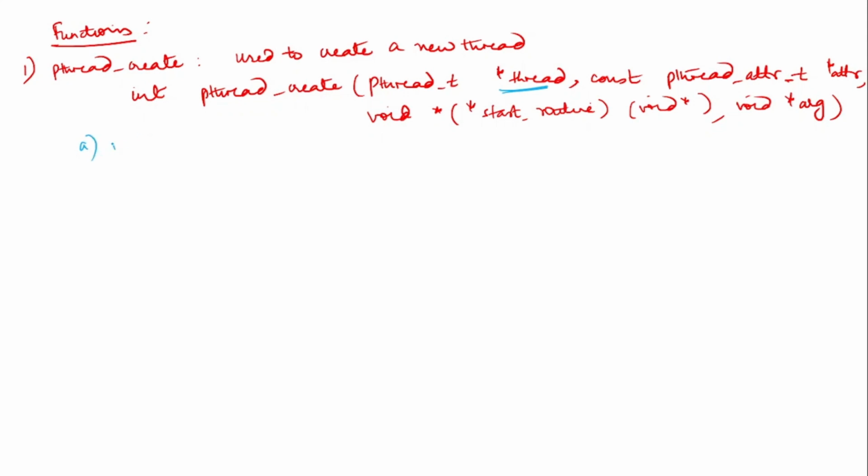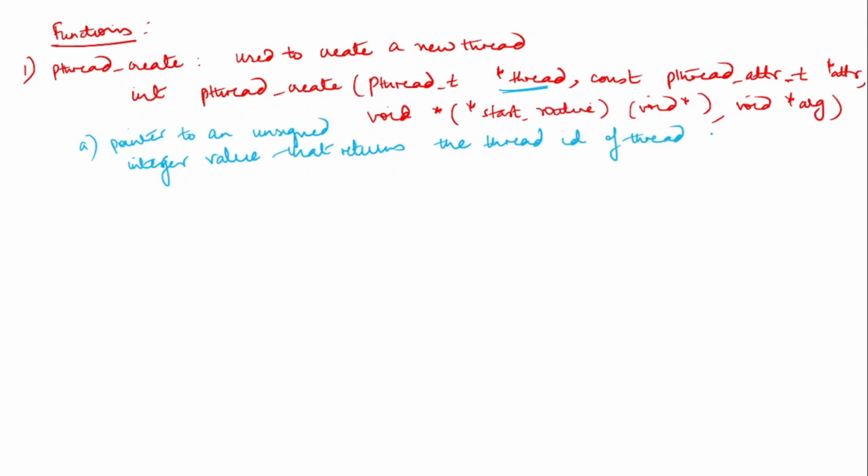The first parameter is a pointer. It is a pointer to what? To an unsigned integer value that returns the thread ID of the thread created.